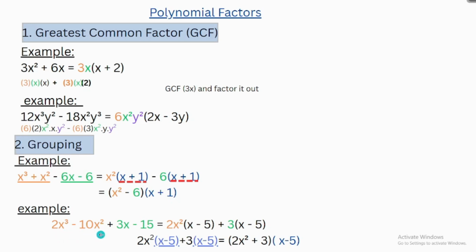Here is the same example: 2x cubed minus 10x squared. There is 2x squared common. The remainder is x minus 5. These have 3 common and x minus 5. We will take the bracket x minus 5 common and the remainder is 2x squared plus 3. That's called grouping.